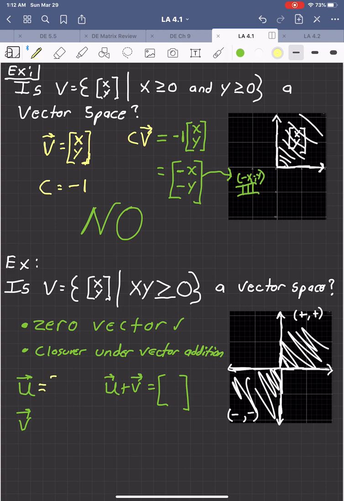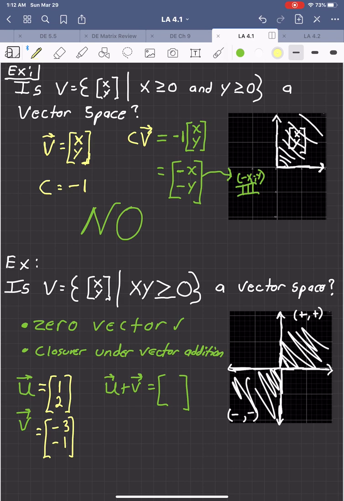So, for example, I'm going to choose vector 1, 2, and I'm going to choose vector -3, -1. Okay?